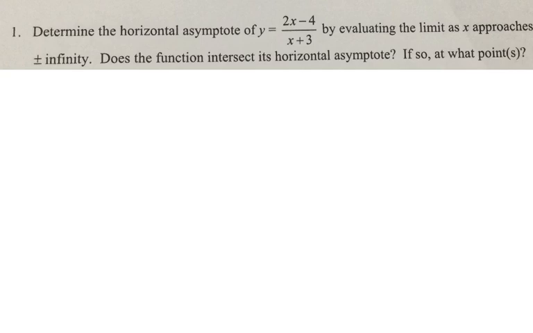Can't happen. Horizontal asymptotes are different. They talk about what the graph tends to at its extreme values. So as x gets really, really large, the y values are going to get closer and closer to that horizontal asymptote. And same thing as x gets really, really small, the y values get closer and closer to that horizontal asymptote.